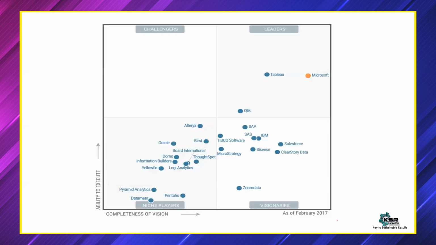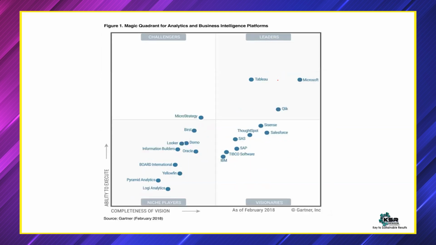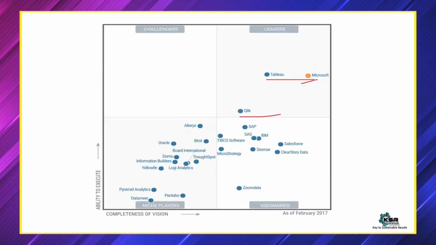Now, if I move to 2017, see, Microsoft has overtaken Qlik. It is in direct competition with Tableau. This is 17. This is 18. Still the same. You can say that both of them are market leaders, both at the same position. Here also, there is a very slight change, but still you can assume that these are market leaders.